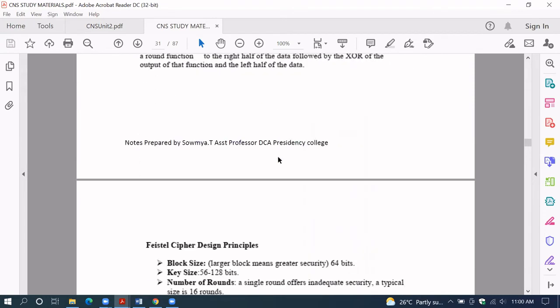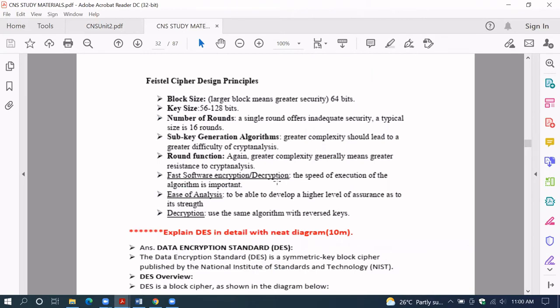So the next part will be the design principles. How many blocks of data will be involved? That depends on the block size. The block size will be 64 bits, so the plain text will be converted in 64-bit blocks, whereas the key size, whatever key is used to convert a plain text to a ciphertext, will be between 56 and 128 bits.